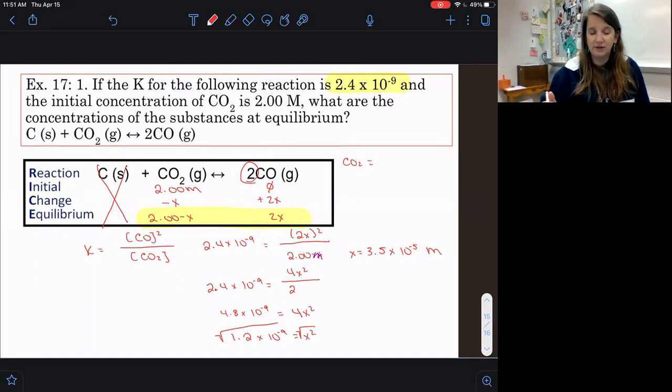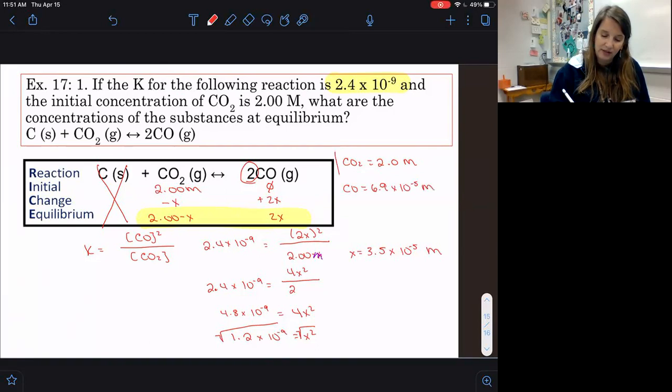So when I round to sig figs, that's actually just going to be 2. And then my carbon monoxide, I multiply my x by 2, and I find that my carbon monoxide's concentration is 6.9 times 10 to the negative 5. So this here is my answer because it gives me the concentrations of both substances at equilibrium.